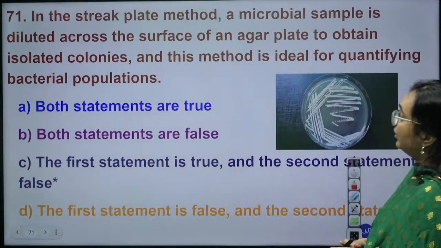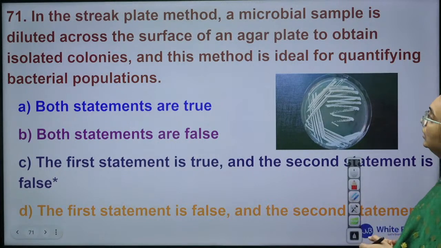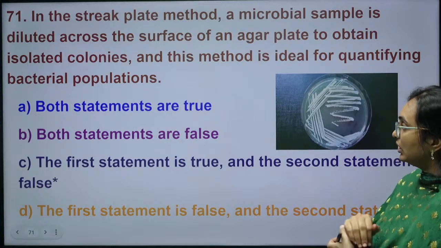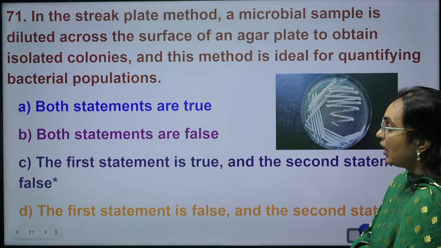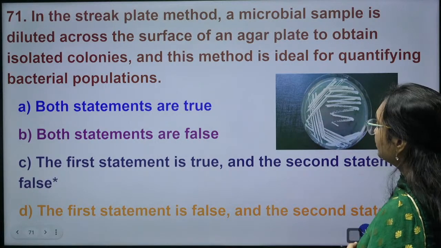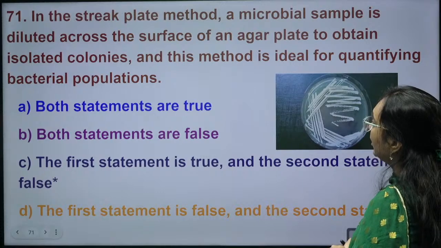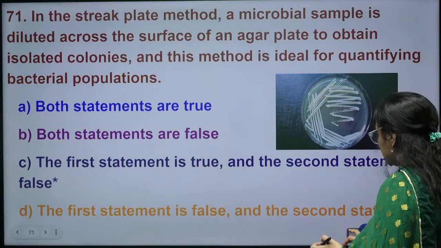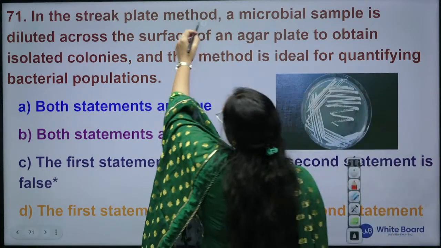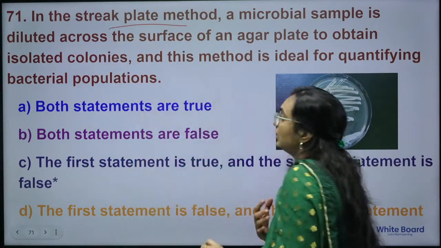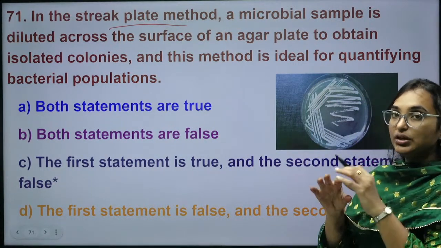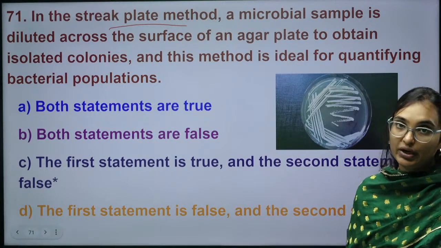In the streak plate method, a microbial sample is diluted across the surface of an agar plate to obtain isolated colonies. Yes, to obtain isolated colonies. And this method is ideal for quantifying bacterial populations? Actually, what you do in the streak plate method is just dilute the bacterial concentration so that the bacteria spread all over the agar plate.